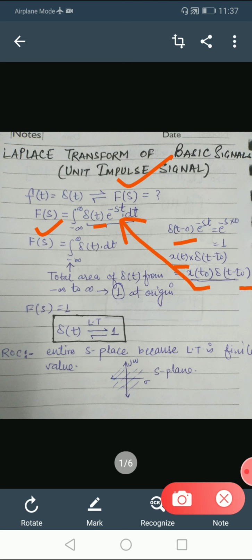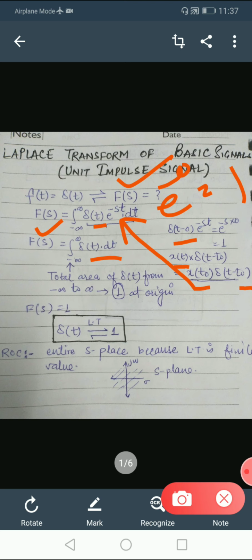Here t0 is equal to 0, therefore e to the power minus s into 0, e to the power minus 0 is equal to 1, and F(s) becomes integration from minus infinity to infinity delta(t) dt.